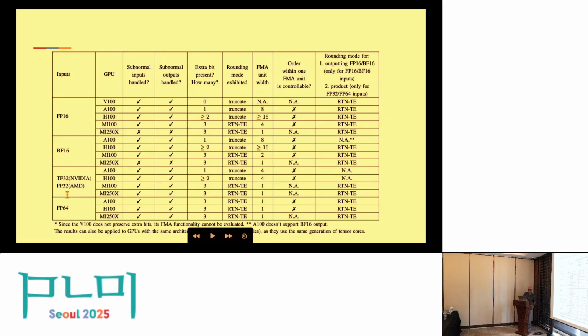If you look at precisions and GPU types, we have discovered variations in terms of where the subnormals are handled or not. We have discovered how many extra bits are kept in the floating point rounding, because for round to nearest, you need 3 extra bits below the LSB of the mantissa, but that's not present always. So you cannot expect certain rounding modes.